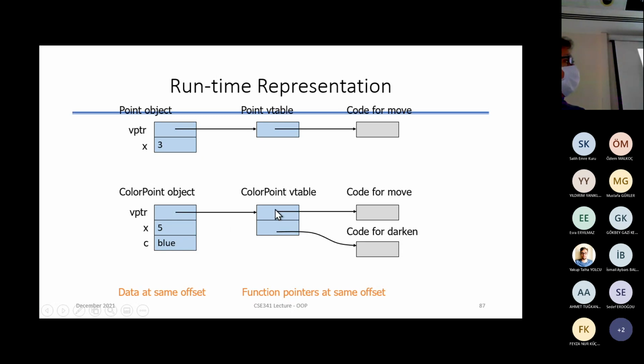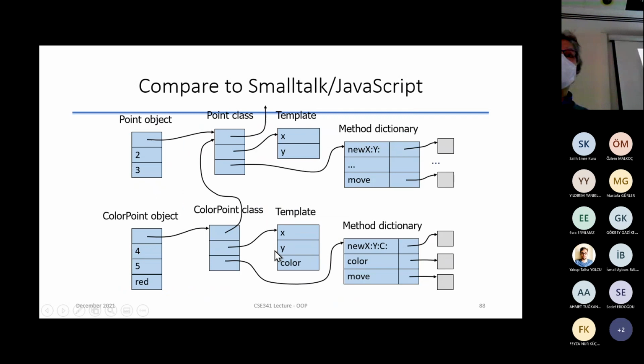Okay, and you see here actually the V table, or the code for the base class function, the virtual function move, is going to be in the first entry, and the other one in the second entry, and so forth. So this is how C++ manages the thing compared to this one.